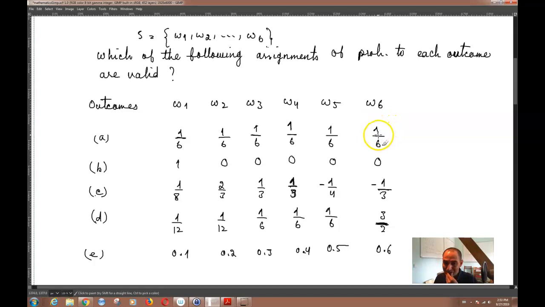So what that means is that I think the condition that has to be satisfied is that the sum of all of these probabilities has to be equal to 1, and each is also supposed to be at most 1.